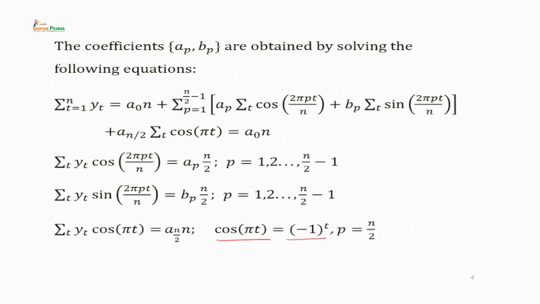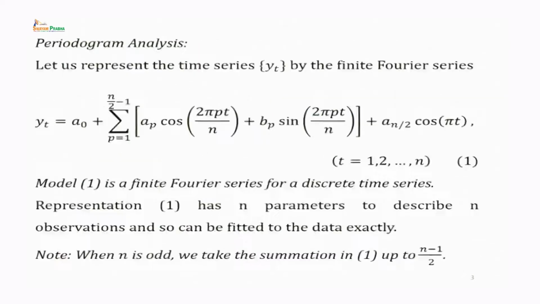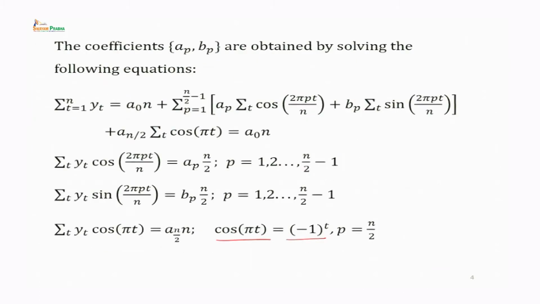So, on the right hand side, since cos square pi t is equal to 1, summation t equal to 1 to n cos square pi t is equal to n. So, you get n here. So, you get summation t y t cos pi t equal to a n by 2 into n.